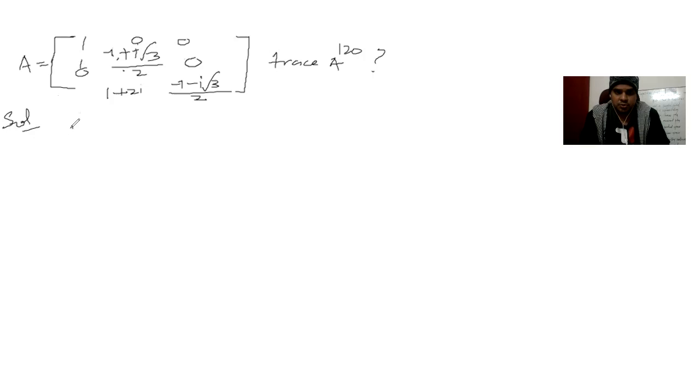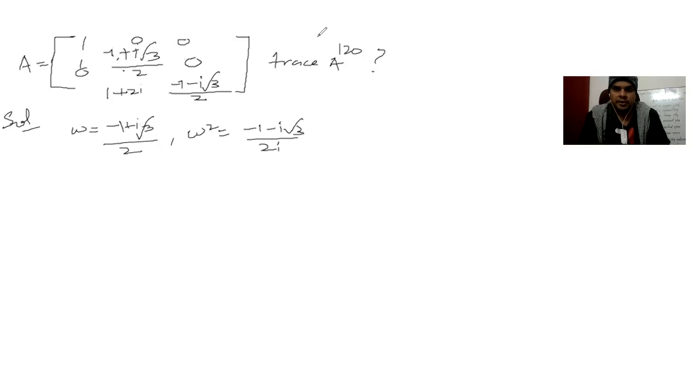So suppose this omega is minus 1 plus I root 3 by 2, and omega square is minus 1 minus I root 3 by 2.